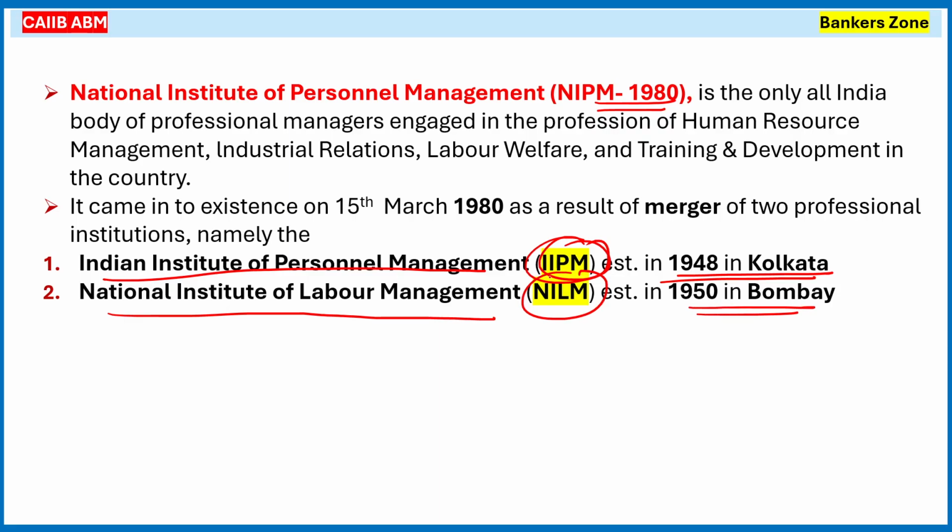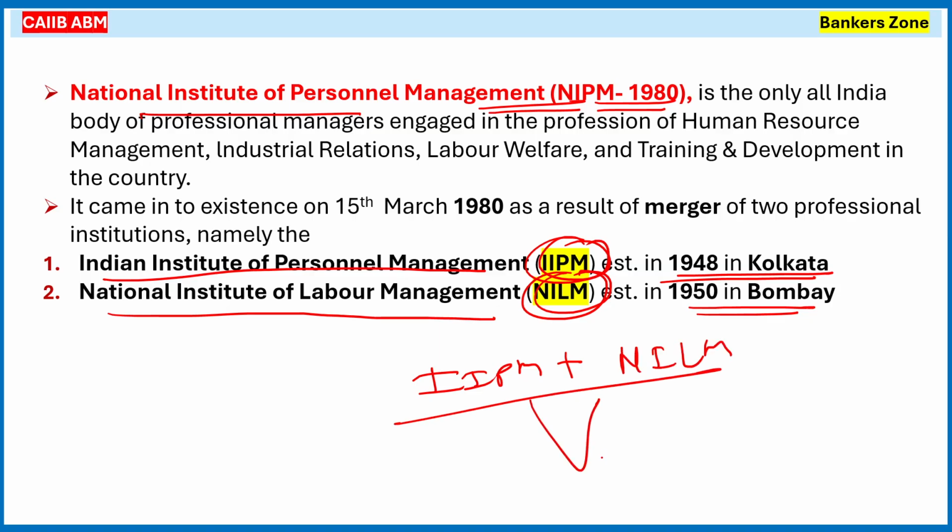So that two institutes got merged to have the National Institute of Personnel Management. Remember, okay? So Indian Institute of Personnel Management and National Institute of Labor Management, they merged, and after merging, new institute is created called as the National Institute of Personnel Management. That happened in 1980. Okay, so remember that.